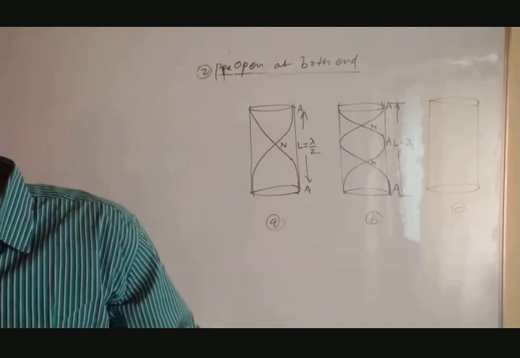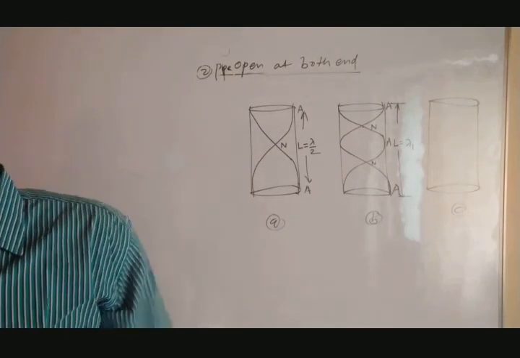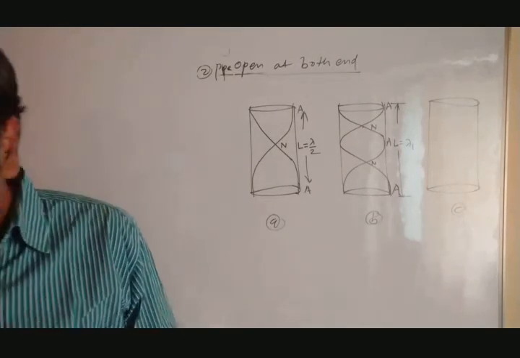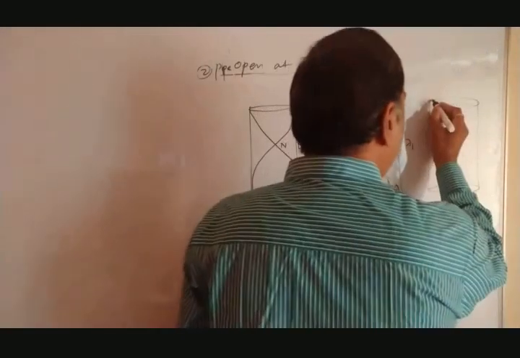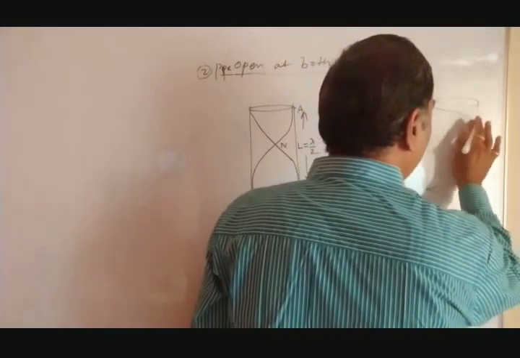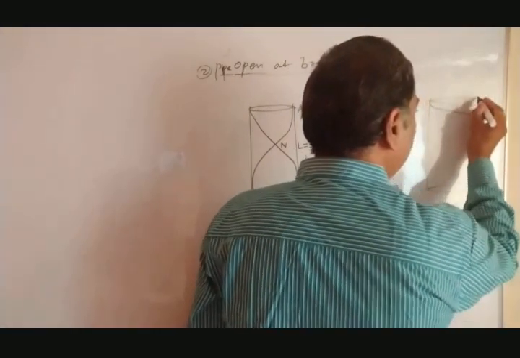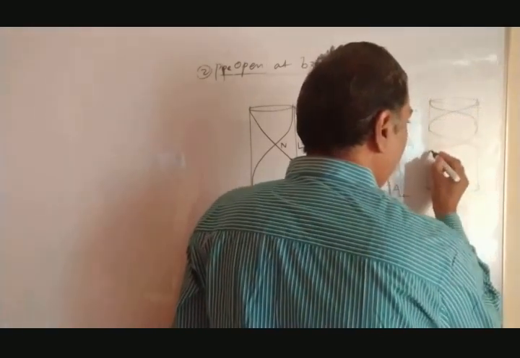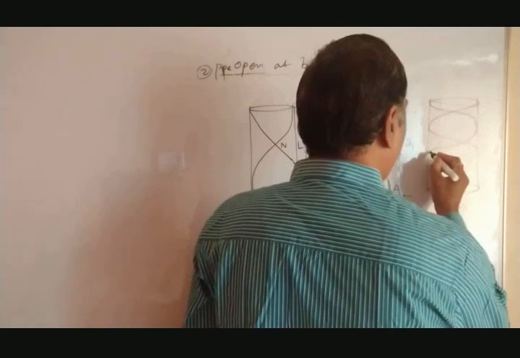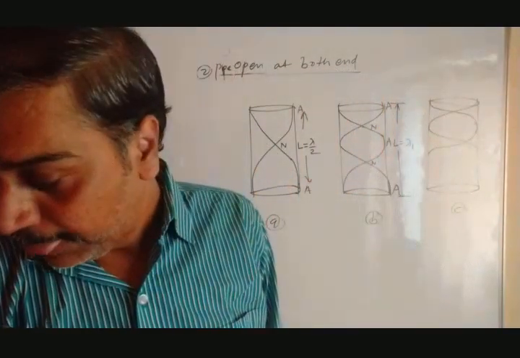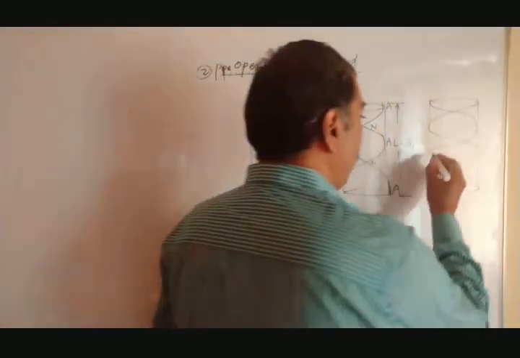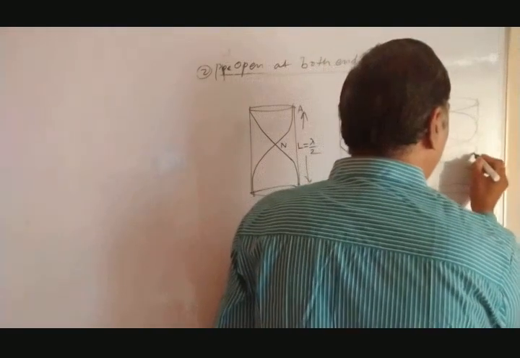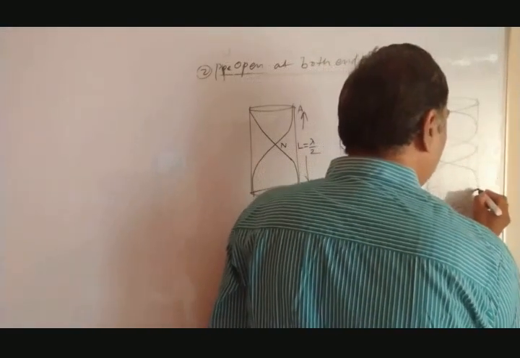The third diagram consists of 4 antinodes and 3 nodes. So let us draw it like this. 4 means 2 loops we have to draw. Let us draw the 2 loops like this.